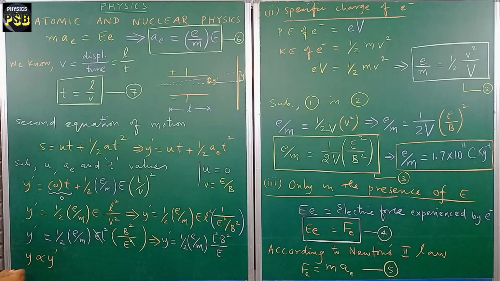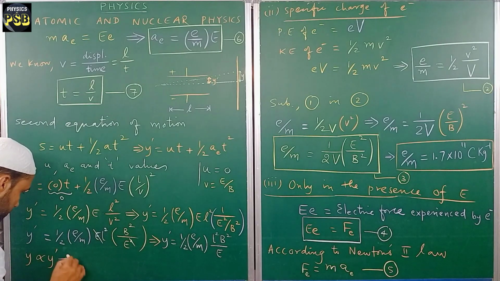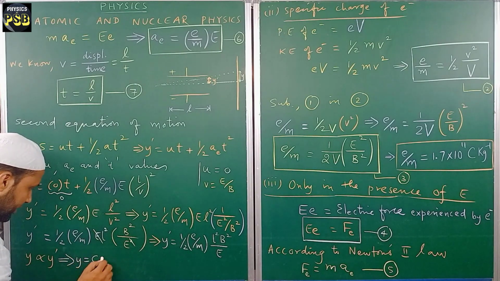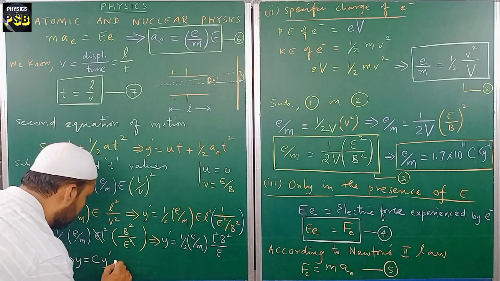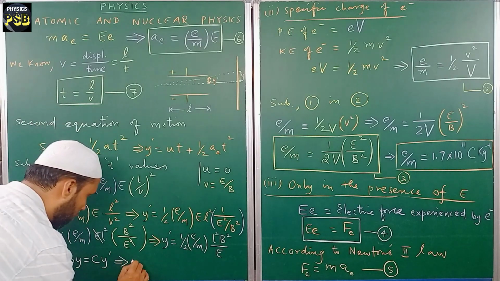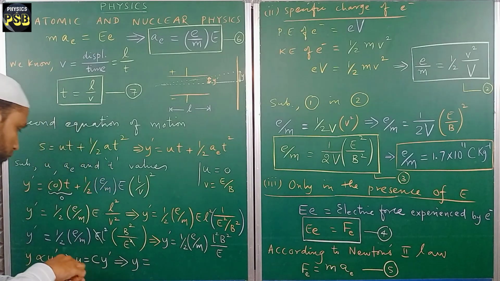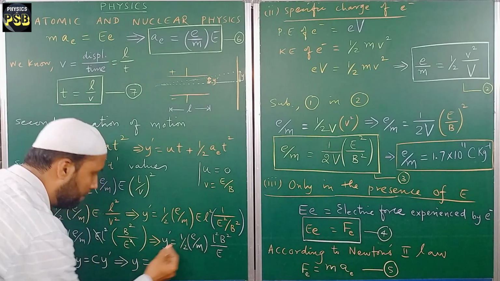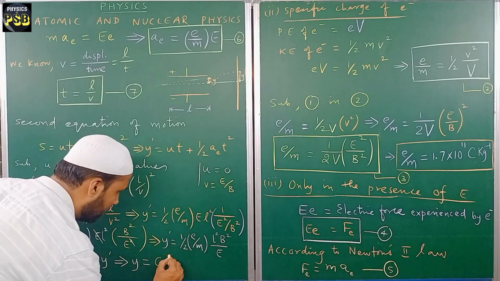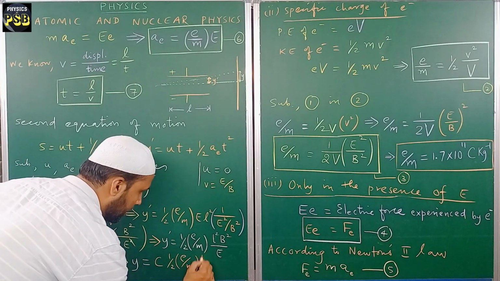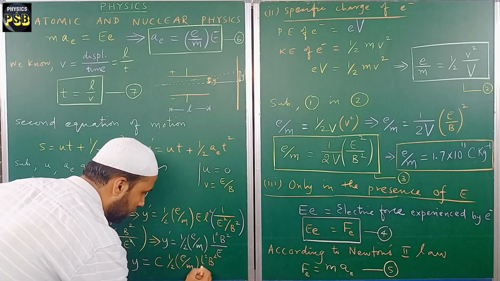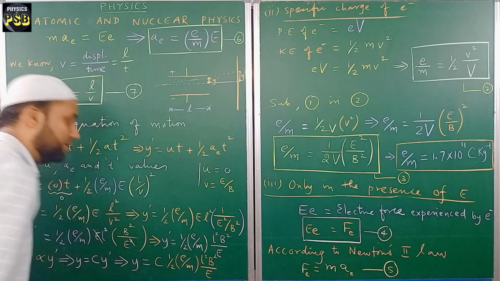Now when I remove the proportionality, I have to include a constant here. The constant is nothing but c. Here c is the constant. We call this constant the constant of proportionality. So the value of y is found to be equal to c multiplied with the value of y dash, which is half e by m, L square B square upon capital E.